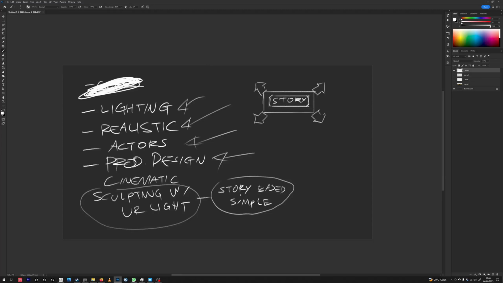And sometimes it's painful, especially when you come from a concept art perspective, to not show lots of cool stuff. But at the end of the day, that's the discipline. That's what I thought was the most important thing that makes an image cinematic.